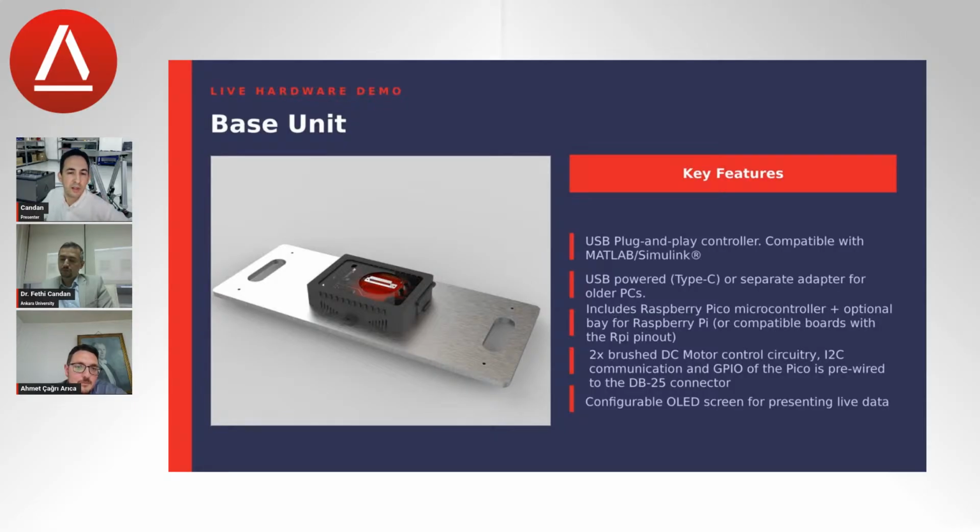In that optional bay, another controller like a Raspberry Pi or similar can be used to try some other maybe AI related algorithms. We have inputs and outputs for DC motor controllers and some SPI and I2C communication buses, as well as a small OLED screen for presenting live data.